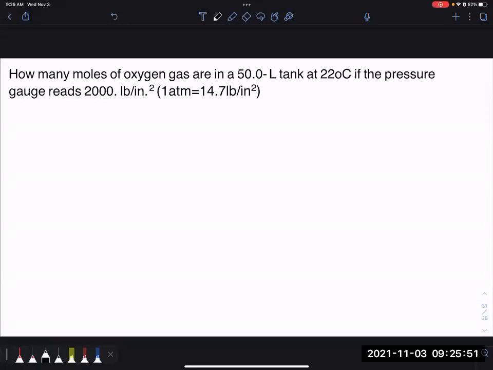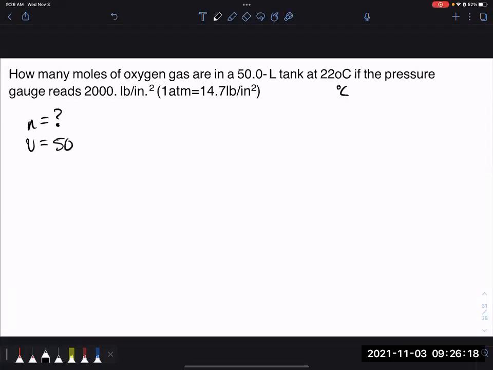How many moles of oxygen gas are in a 50-liter tank at 22 degrees C, if the pressure gauge reads 2,000 pounds per inch squared, or PSI? Oh boy, we get to do some more conversions. So we're looking for moles in a 50-liter tank.